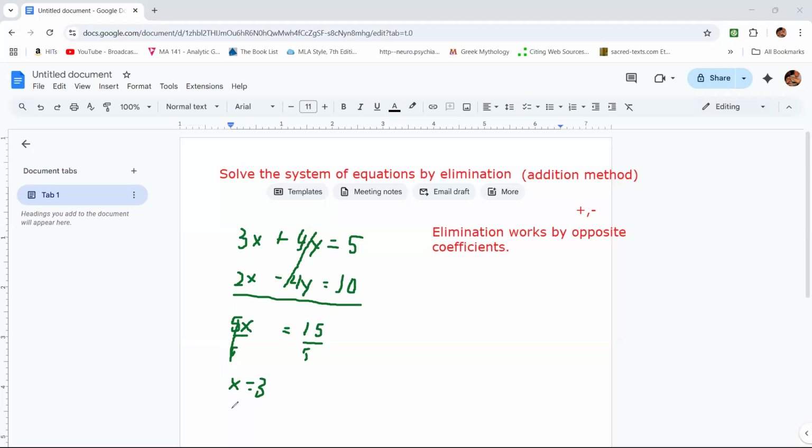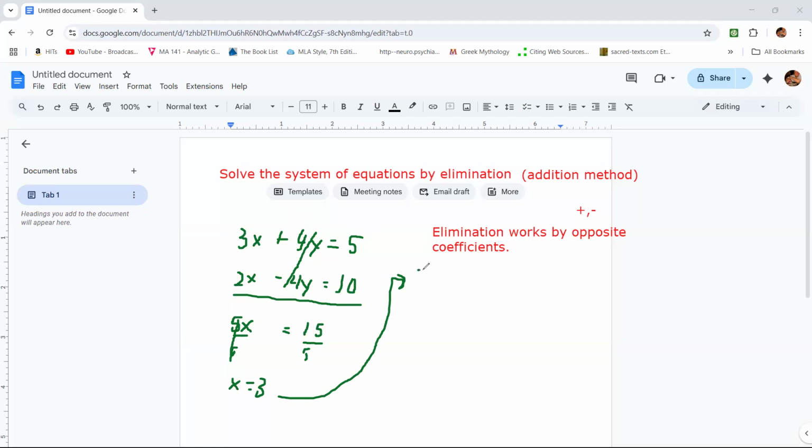So what we do now, just like with substitution, is pick one of the equations that I started with. It doesn't matter which one you choose, and you're going to solve that for the other variable. I'm going to choose this first equation.